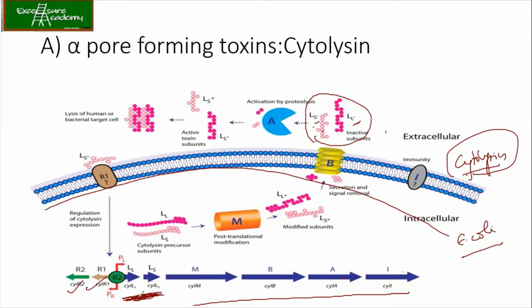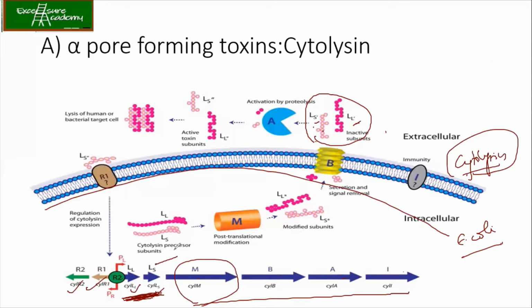Now, R is for the regulation, okay, when it is required or not required. So what is happening? So your large subunit and small subunit gets activated. So those are produced, okay. Now, M is required. It is those enzymes which are required for the post-translation modification on these subunits, correct?